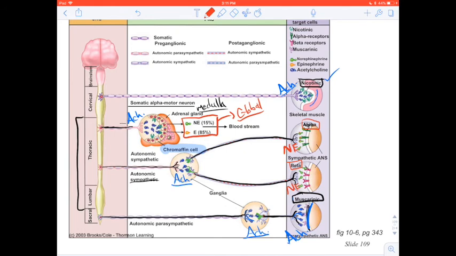All right, so that's the broad overview. So it looks like acetylcholine is the general rule for our neurotransmitter. The only places that we see norepinephrine are going to be postganglionic sympathetic, and then also from the chromaffin cells, which are still kind of like our postganglionic sympathetic cells.